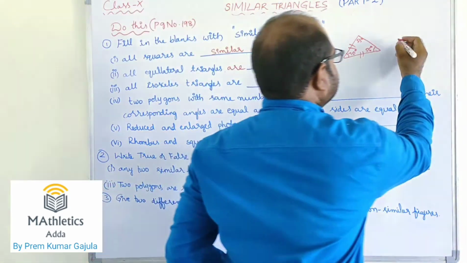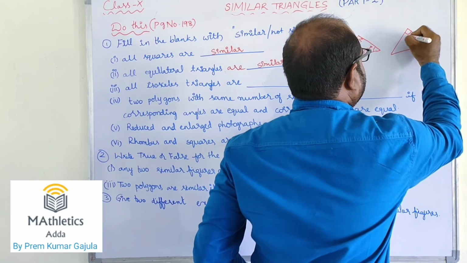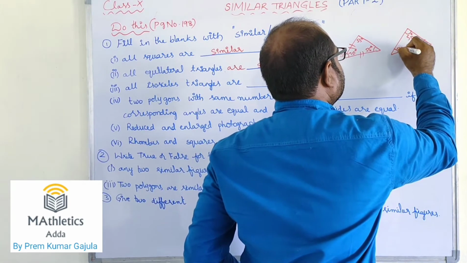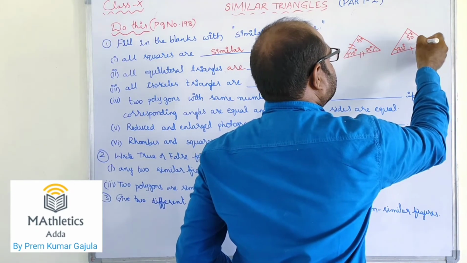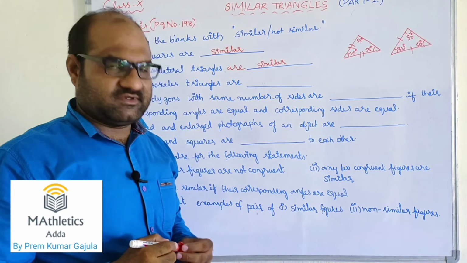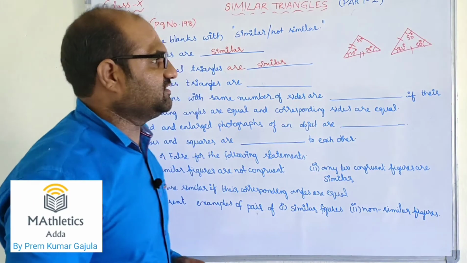Okay, so now let us take one more. I am taking here now 50 degrees, 50 degrees, and this will be 80. These two sides will be equal. Why? Because sides opposite to equal angles are equal. Now this is an isosceles triangle and this is also an isosceles triangle.